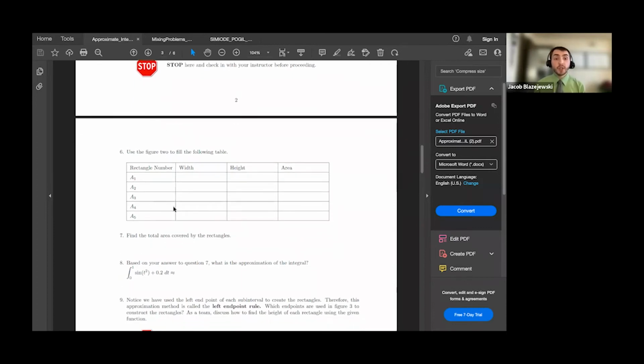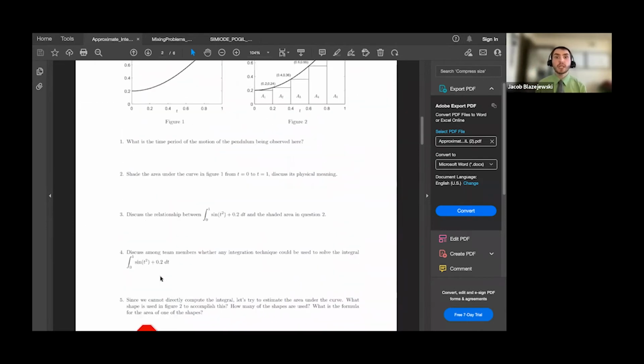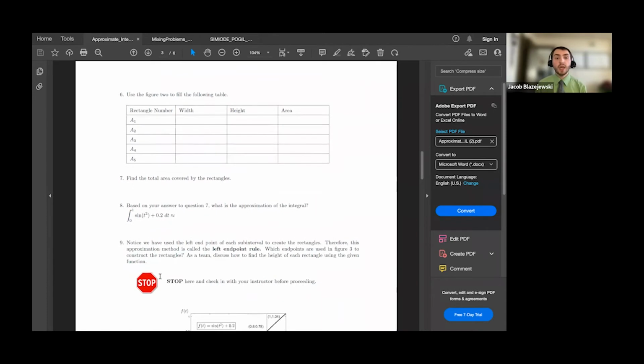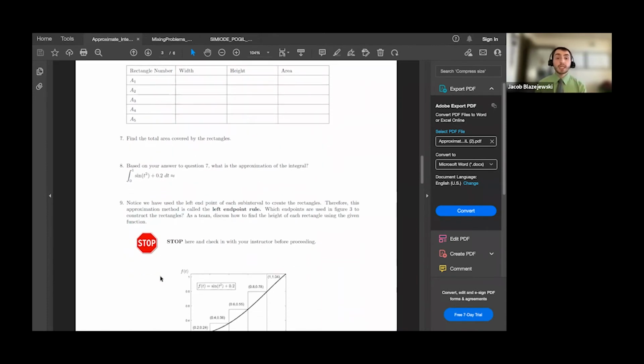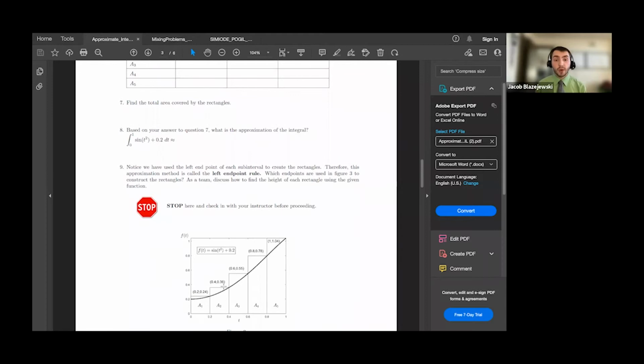After they have constructed and approximated the area of the integral using the left endpoint, our apply piece is to repeat this exercise with the right endpoint. They work through all of that with some helping prompts that we have provided.